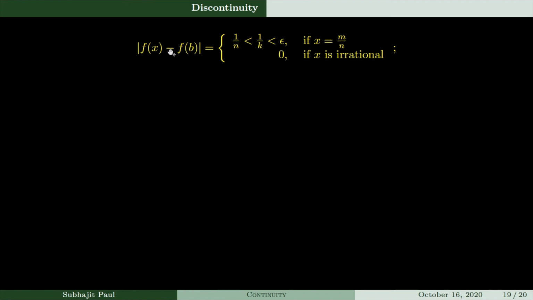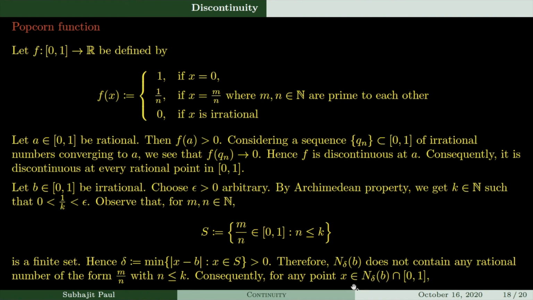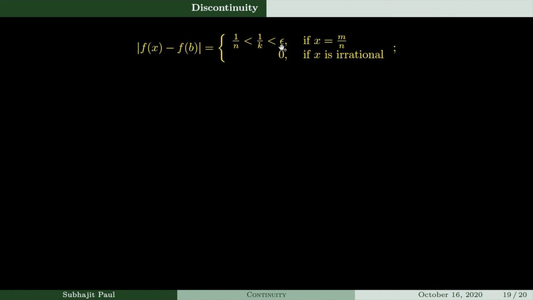So for rational points in the delta neighborhood of B, the distance between f(x) and f(b) is smaller than epsilon. And if x is an irrational point, then f(x) is 0, and f(b) is also 0. So for every point in the delta neighborhood of B intersection (0, 1), the distance is smaller than epsilon.